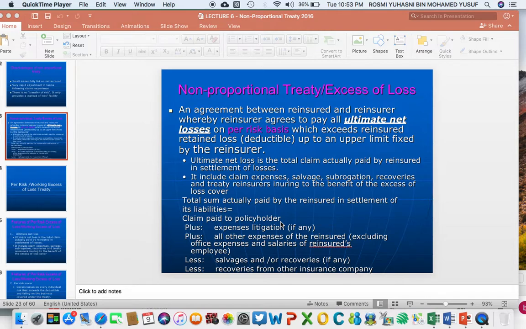Let's say the cost of the car when it was involved in the accident is 20,000 ringgit. So the claim paid to the policyholder is 20,000 ringgit, which is the cost to replace the car itself, plus expenses of litigation if incurred. Let's say the insurer would like to take the case to court and they have to pay the litigation costs.